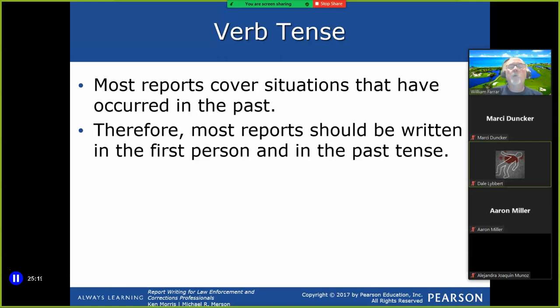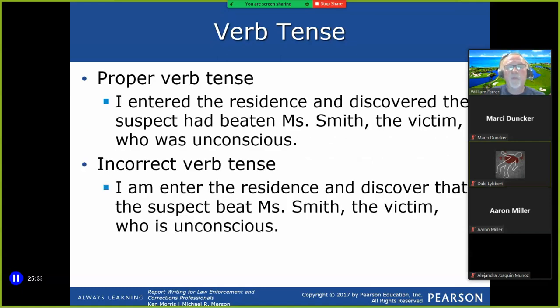Also, note that a lot of reports cover situations, like I talked about, that have occurred in the past. So when that happens, you can write the reports in the first person, but in the past tense, right? Here's a good example that I've seen a few times.